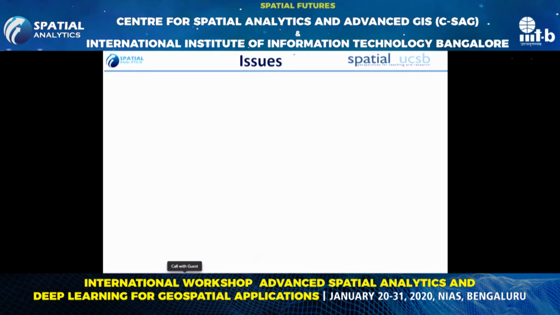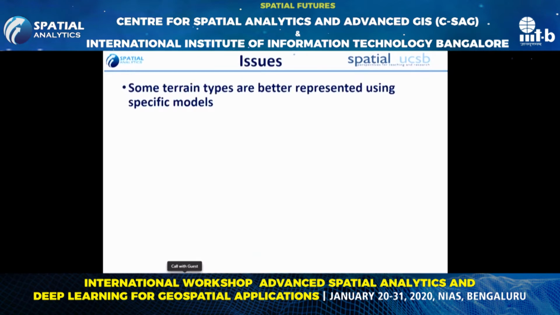So let me try to summarize this in a series of issues. And remember that each of these points is going to apply not only to this type of geospatial data, but to all types of geospatial data. So number one, some terrain types are better represented using specific models.